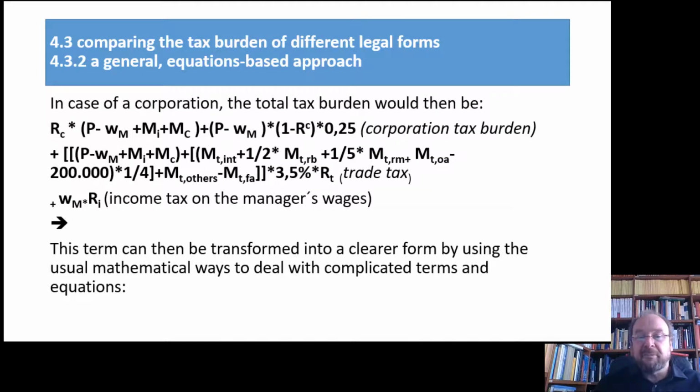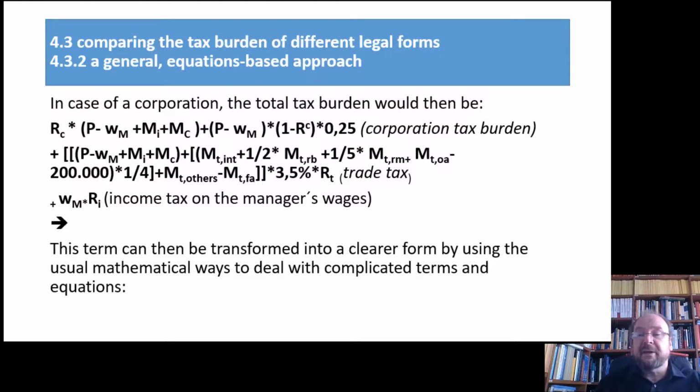So we end up with that nice complicated formula. Now, the total tax burden would be the corporation tax burden, first line here, plus trade tax, second and third line here, plus the income tax which the manager has to pay on the wage.